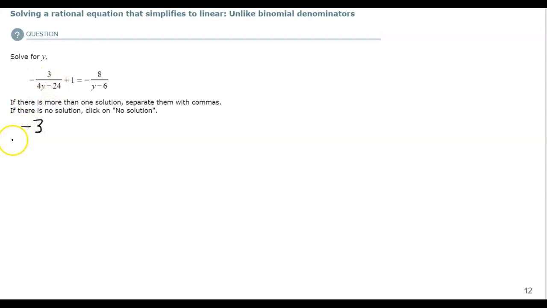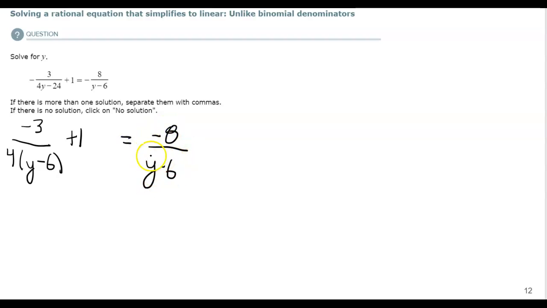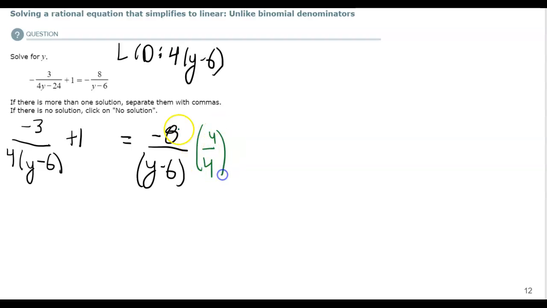I'm going to move that negative to the top. I can pull out a 4. I end up with y minus 6 plus this 1. Put that negative 8 in the numerator. So now I have a better idea that my least common denominator is a 4 and a y minus 6. So I need to make sure that all my factors have that. This needs a 4 over 4.